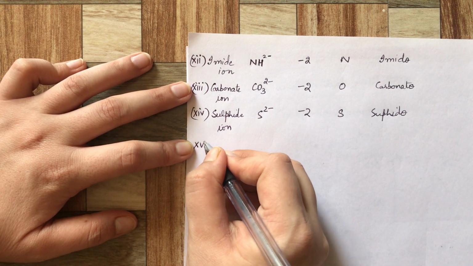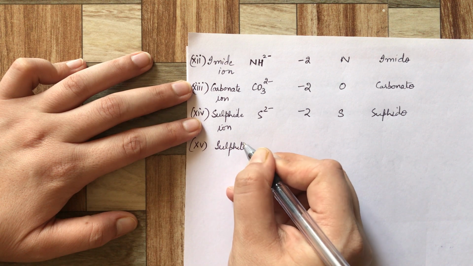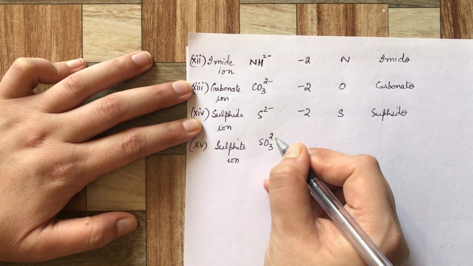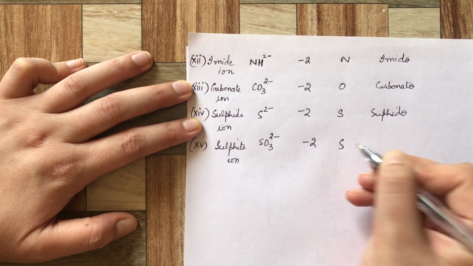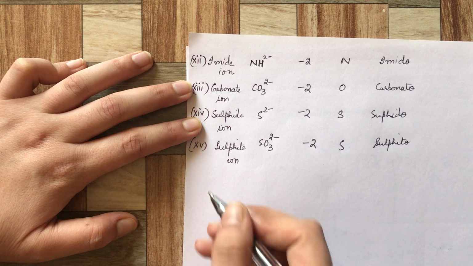Next is the sulfite ion, which is SO3, 2 negative, charge is minus 2, donor atom is sulfur, it is sulfito.